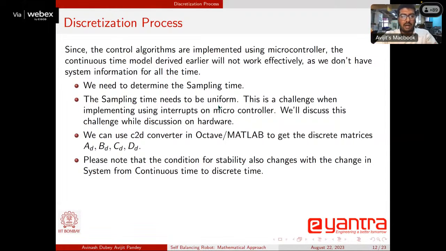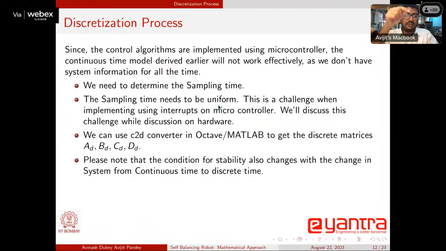However, in this situation, you will also need to determine the sampling time of this system. Sampling time, all of us know, is the time period at which the sample from the sensor is collected, and it is in the control of the user. Through coding, you can set your sampling time, and the same sampling time is used to calculate the discrete version of the ABCD matrices.